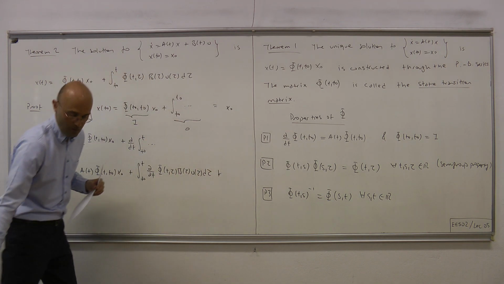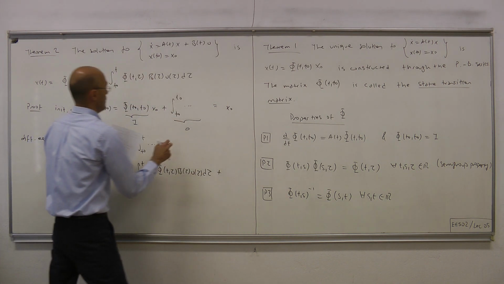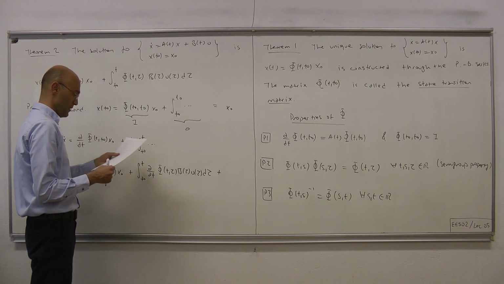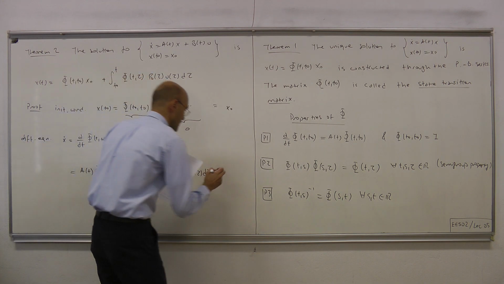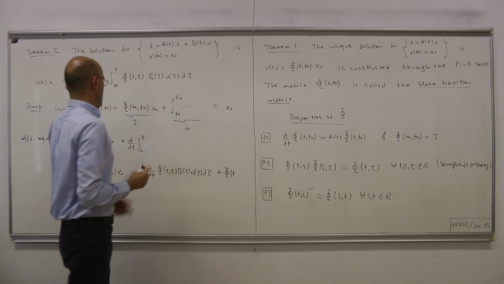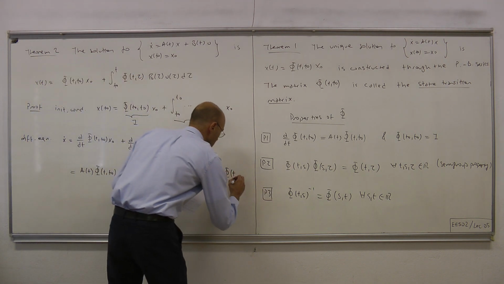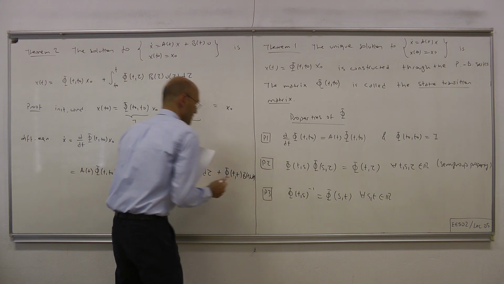Then what we do is take the integrand and plug in t, because t0 is constant. Then what we have is phi, and wherever you see tau, you plug in t: phi(t,t) B(t) u(t).